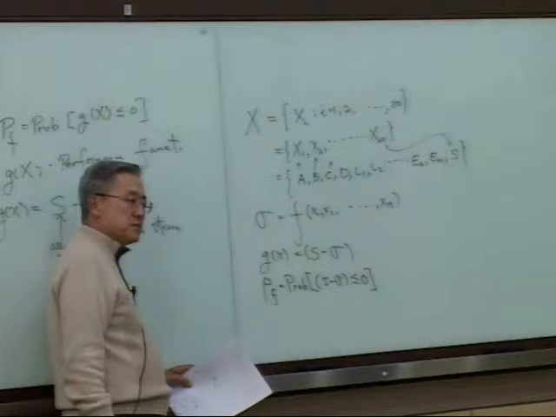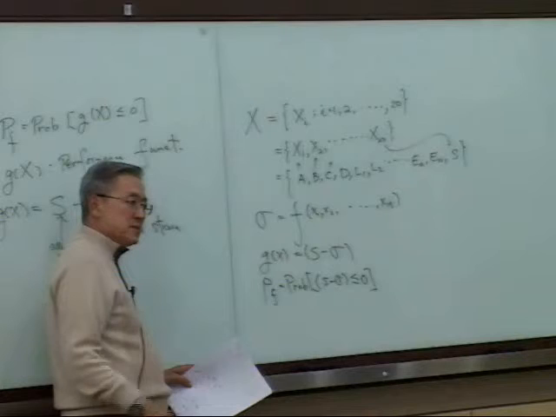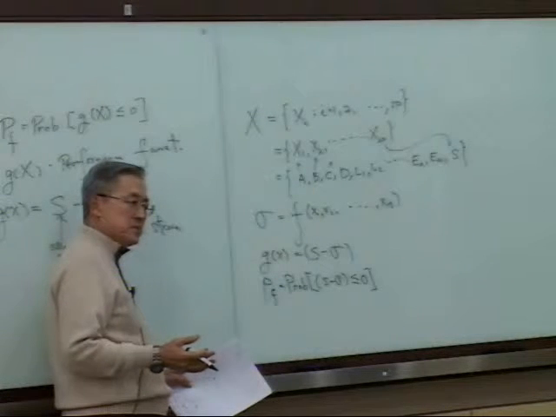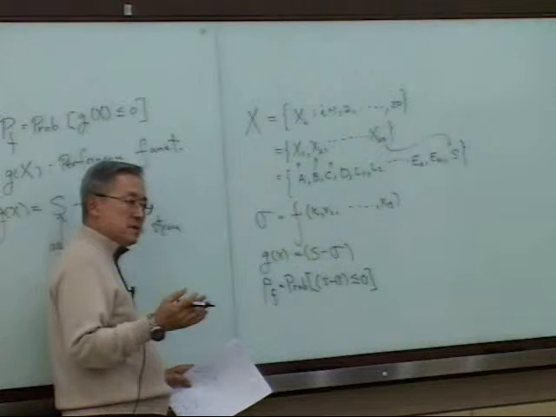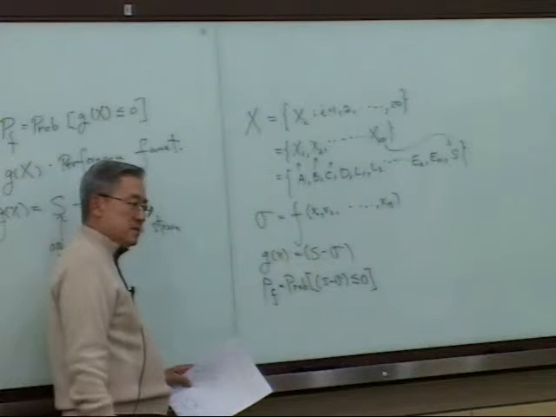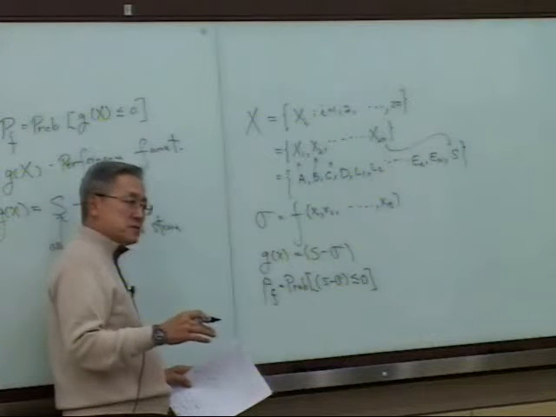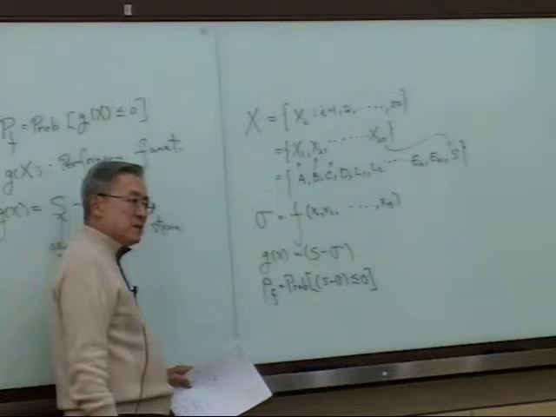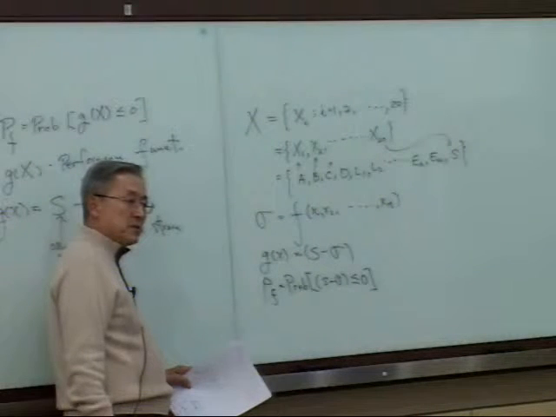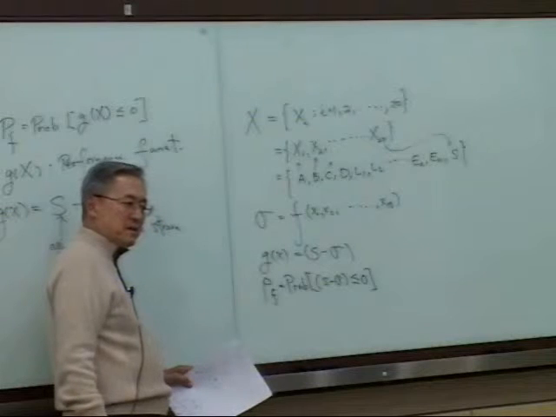First, what you have to do to make life easier is to transform from X space to the U space. That's the first thing to do. But I'm going to show you, starting maybe today or Monday, the mean value first order reliability method, which again has approximations.